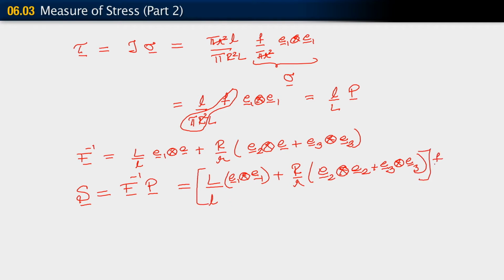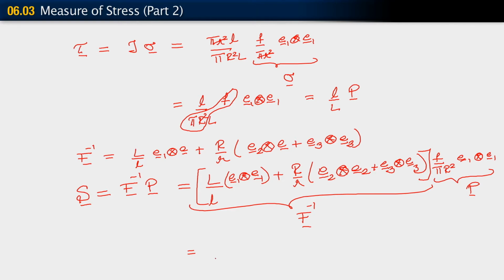P was F over pi capital R square E1 tensor E1. So all of this is F inverse and this is P. Now when we put things together, because E1, E2, E3 form an orthonormal set, any action of E2 or E3 on E1 is going to drop out because of the orthonormality.